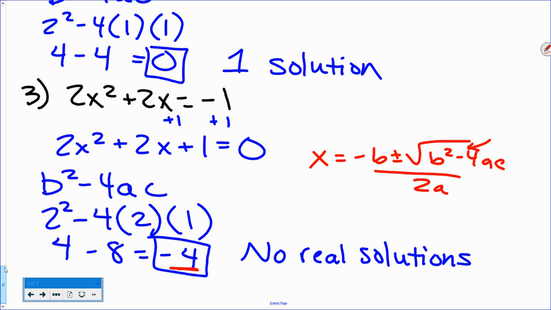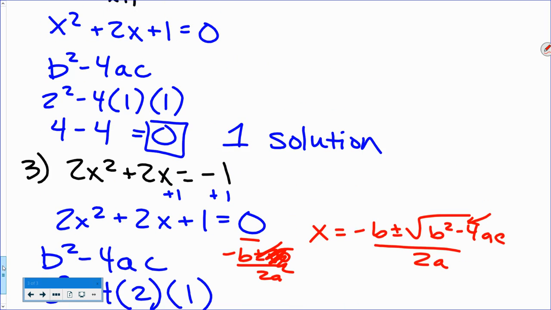That's why I have no real solution. If it ends up being 0, the square root of 0 is just 0, so then I am just left with whatever negative b over 2a is, which should be a little bit familiar, right? The x-coordinate of your vertex. It's not a coincidence.